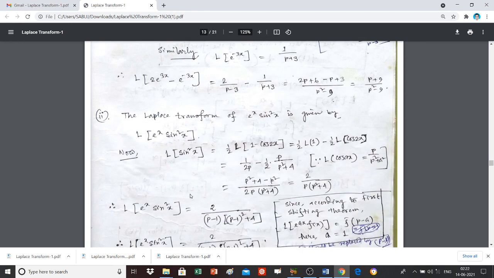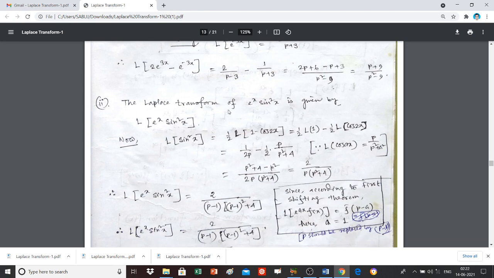Okay, the next one is here. The Laplace transform of the function we have to calculate is e to the power x sine square x, which can be represented as the Laplace transform of e to the power x sine square x. I am just interested to first find the value of the Laplace transform of sine square x. You can write sine square x as half times 1 minus cos 2x.